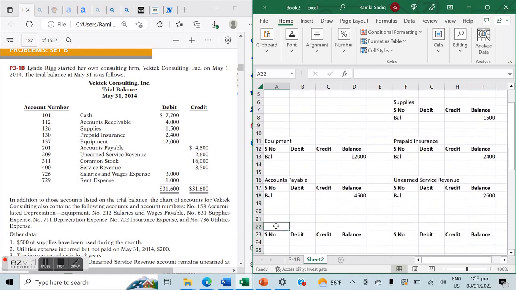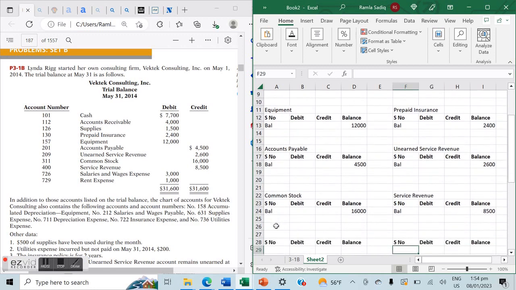So after unearned service revenue, then we have our common stock, and that is $16,000. After common stock, we have our service revenue, and service revenue has $8,500 in balance. And then we have salaries and wages expense.